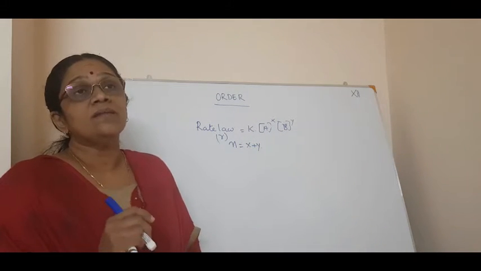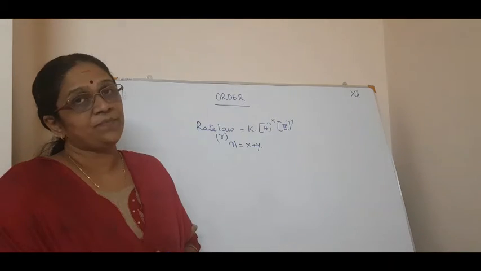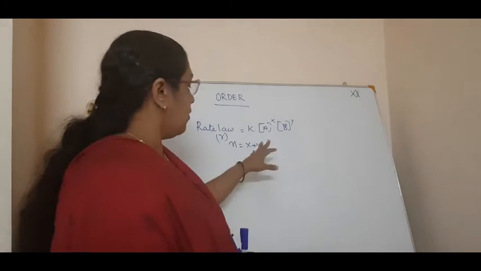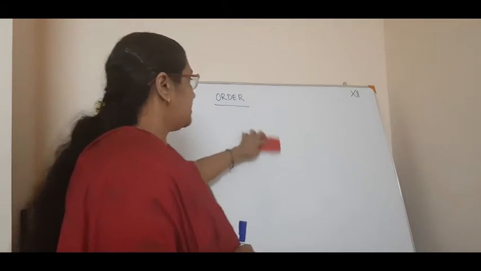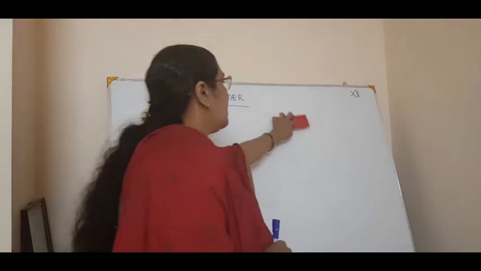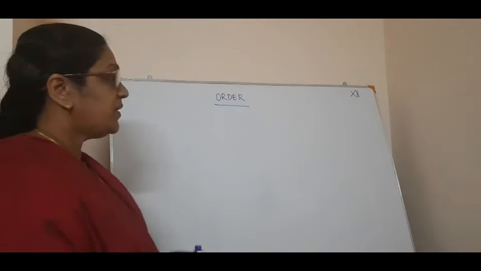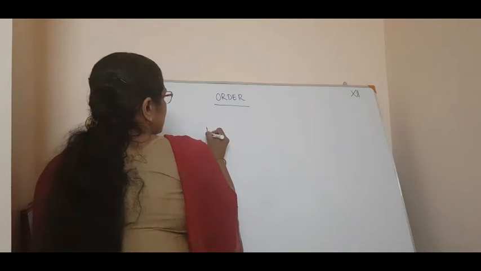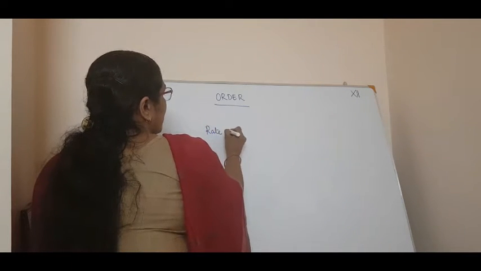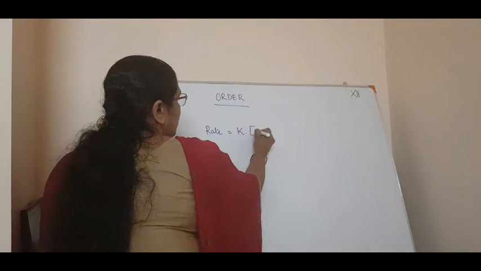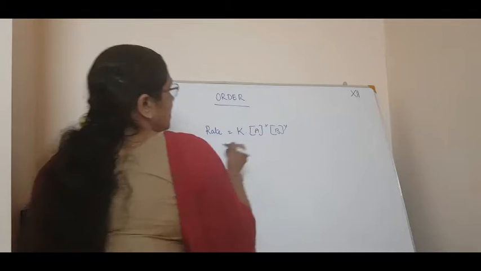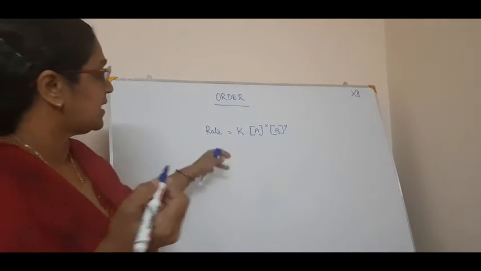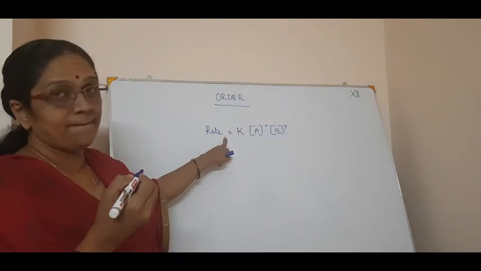It is not a theoretical quantity. Now, from the rate law expression, rate is equal to K into concentration of A raised to X into concentration of B raised to Y.